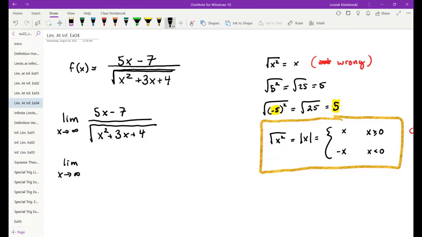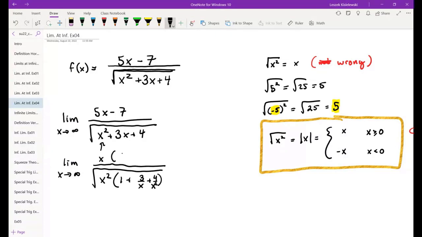Let's say it's underneath the square root. So maybe instead of dividing, I'll just think of it as factoring out an x squared. So inside the square root, after we factor out x squared from the first term, we're left with 1. From the second term, we're left with 3 over x. And the last term, we'd be left with 4 over x squared.